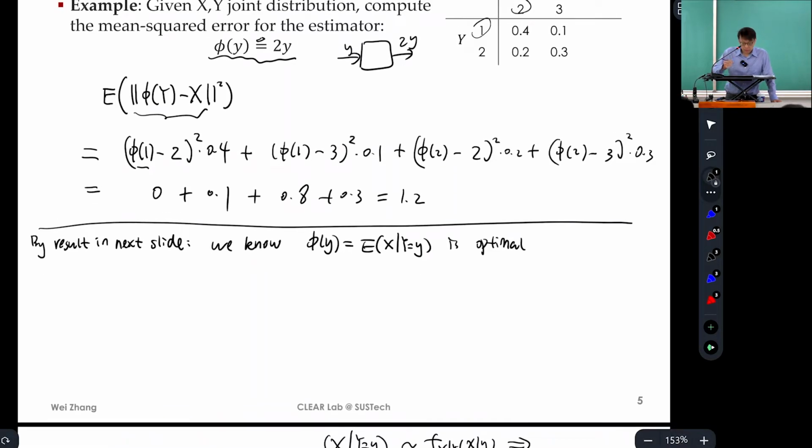So let's compute this. Phi of y is the expectation of X given Y equal to small y. The quiz will be about this as well.